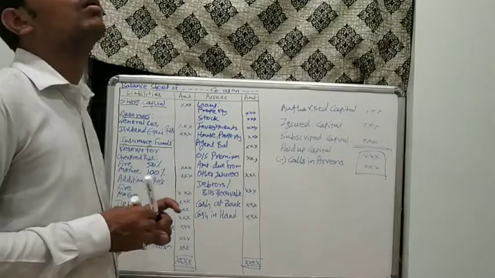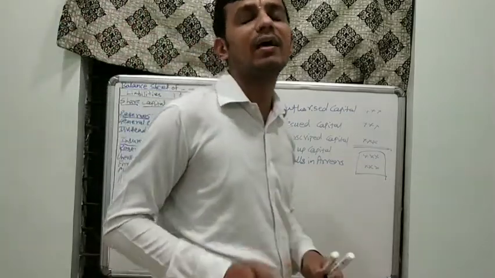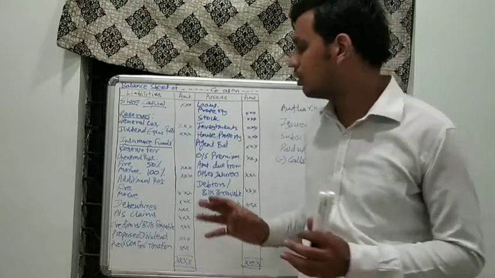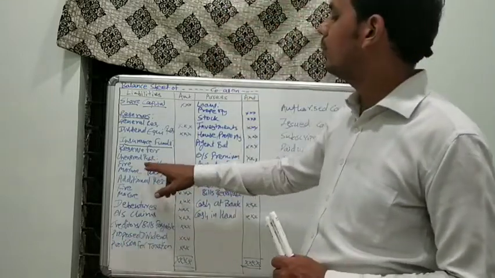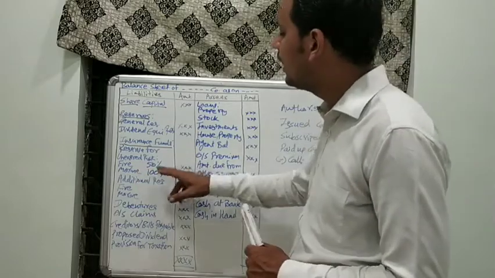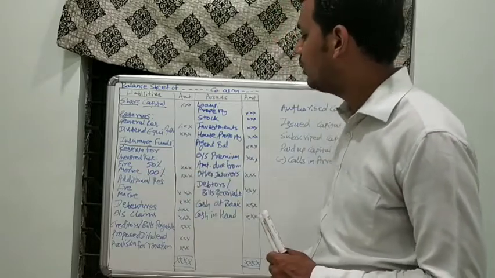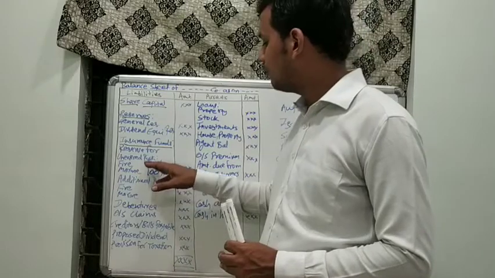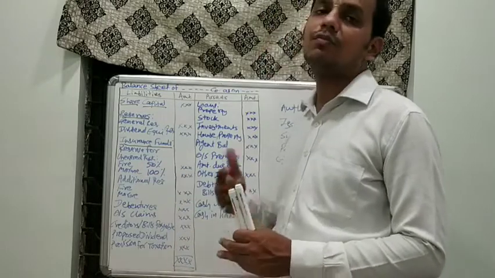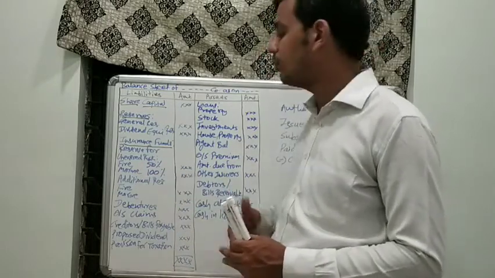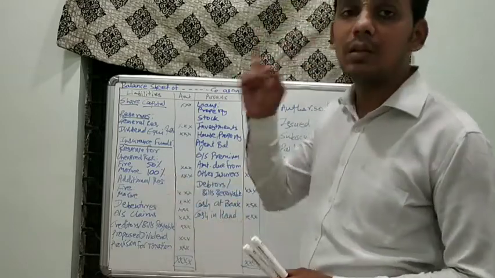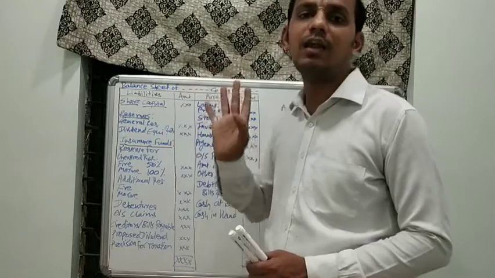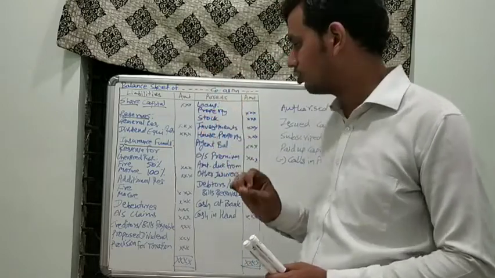Whether it is fire, accident, or any other insurance business in which the company has been engaged, the reserve percentage would be 50. In marine it would be 100%. We have to take the amount of that. Apart from that, if the question says that we have to provide additional reserve for unexpired risk, that would again be taken as per the percentages mentioned in that particular sentence or adjustment.